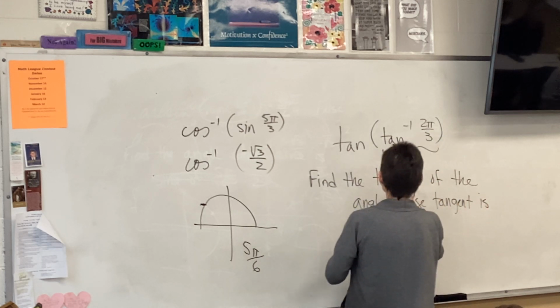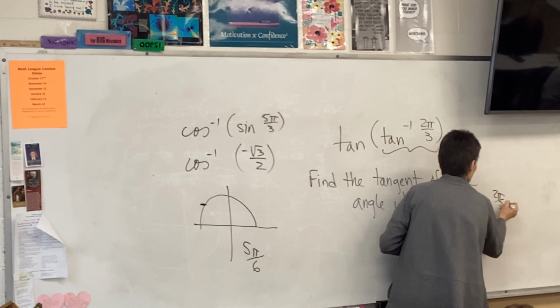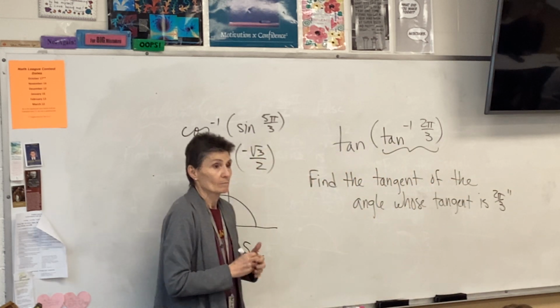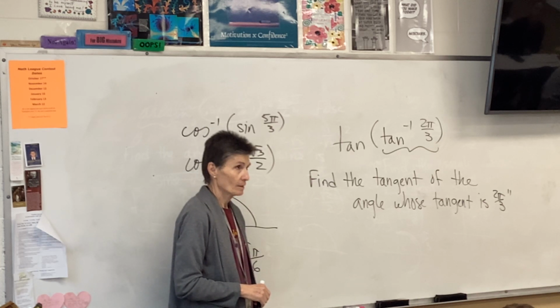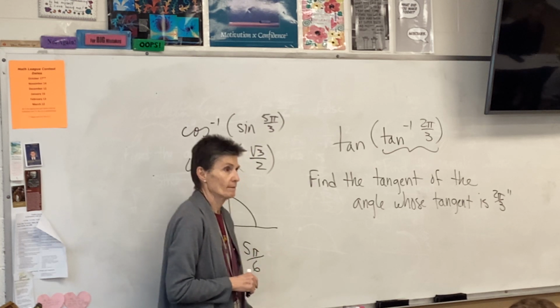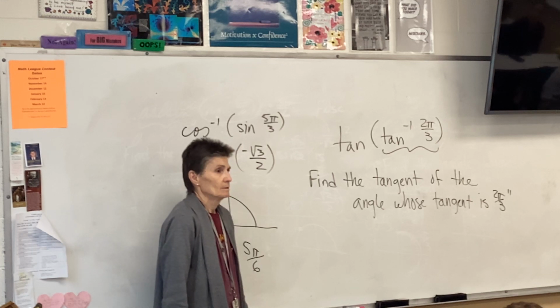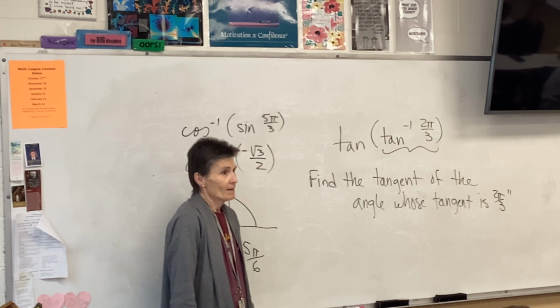Find the tangent of the angle whose tangent is 2 pi over 3. Find the tangent of the angle whose tangent is 2 pi over 3. Who's buried in Grant's tomb? What's the answer? 2 pi over 3.